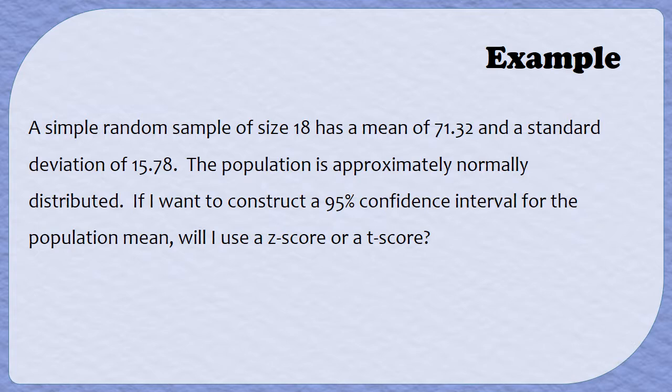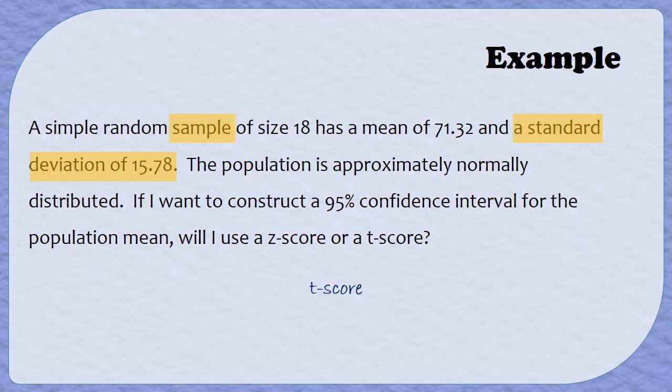It says, a simple random sample of size 18 has a mean of 71.32 and a standard deviation of 15.78. So this is telling me that the standard deviation is about the sample. That means they're telling me an S. That S is 15.78. Since I know S, but I do not know sigma, that's going to make this a t-score problem.